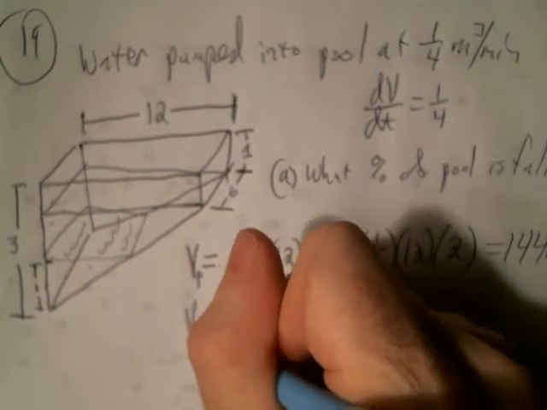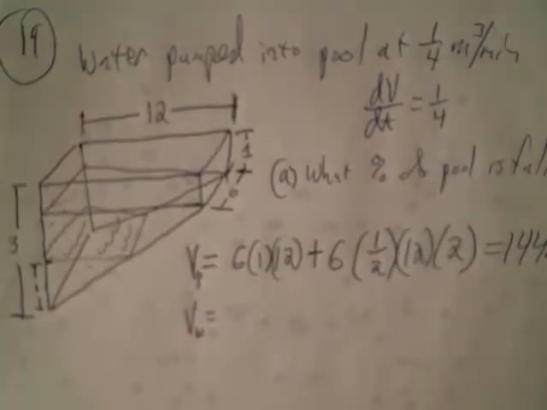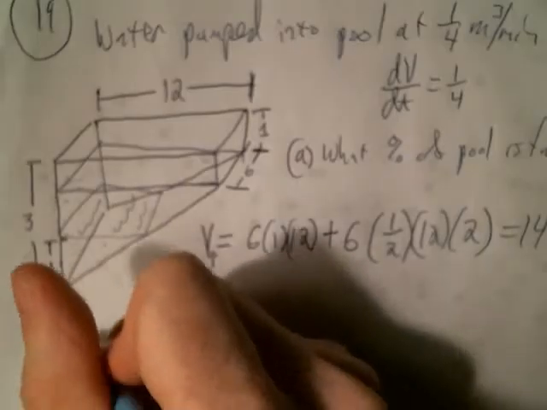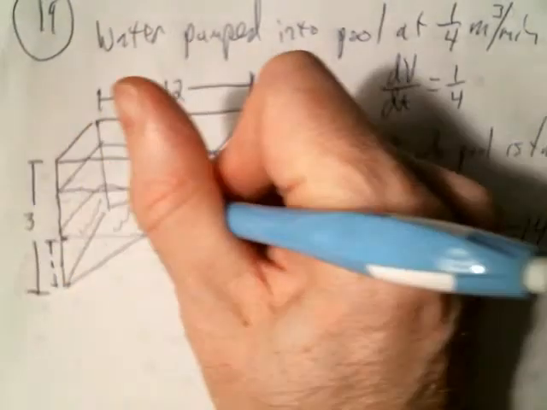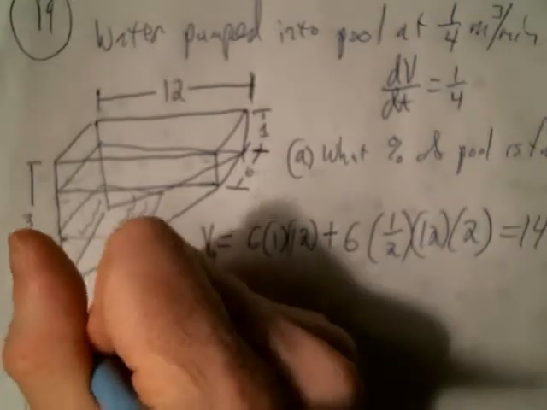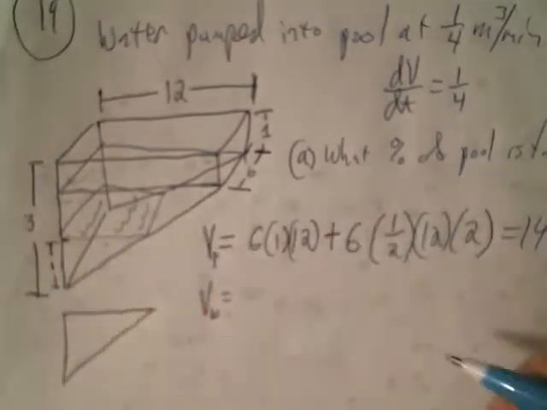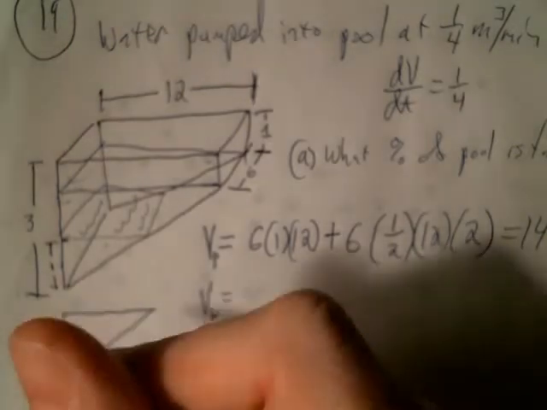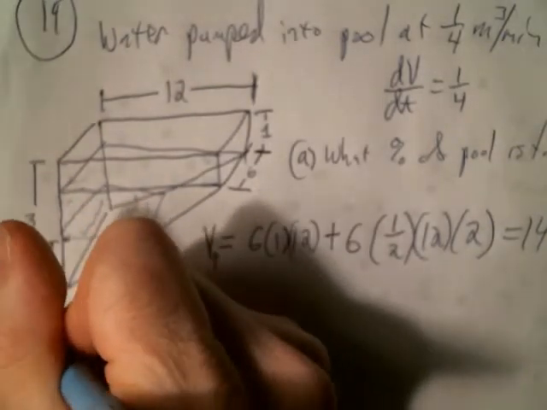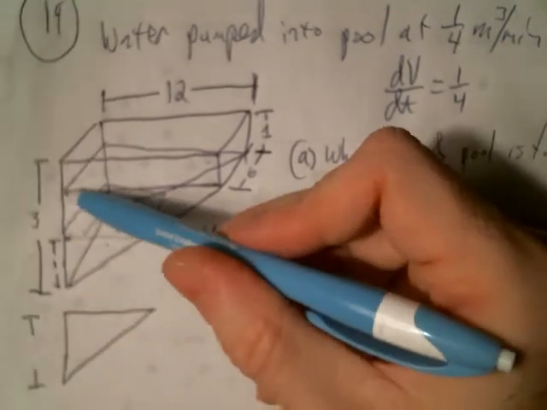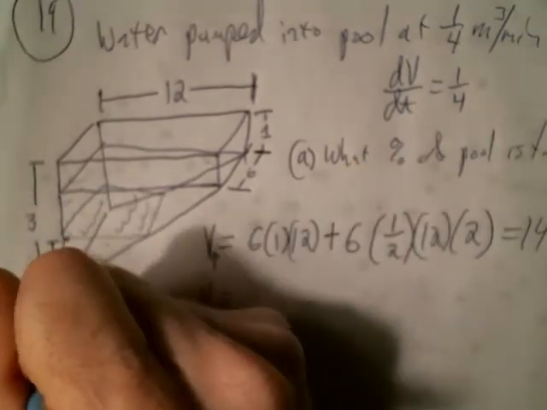So then we need the volume of the water. And the trick to these kind of problems is using similar triangles to figure out things. In particular, if we extract this triangular region and take a look at it, we have this distance from here to here, and that's 2.